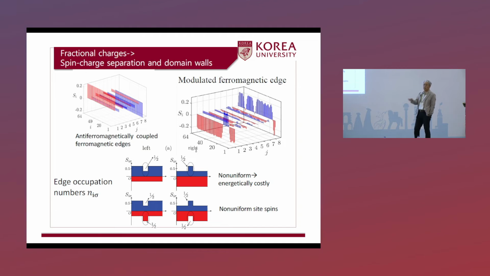Now, let's suppose that there is true charge fractionalization. What are the effects of it? There is spin-charge separation and there are domain walls in the zigzag edges. Let me explain this.